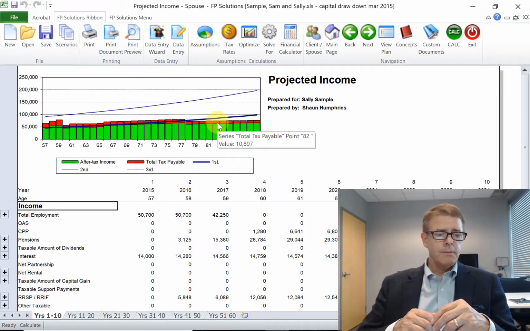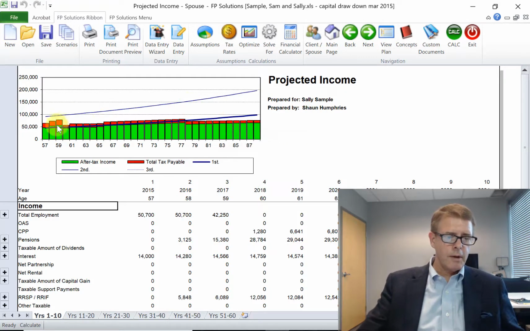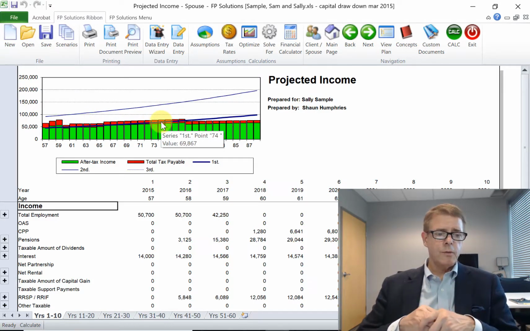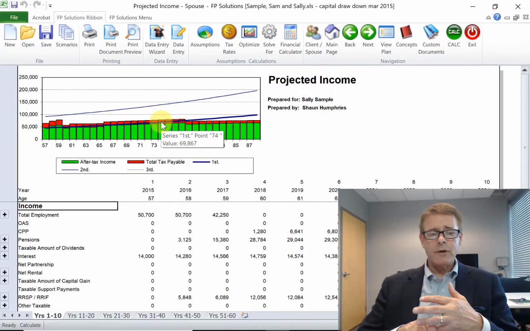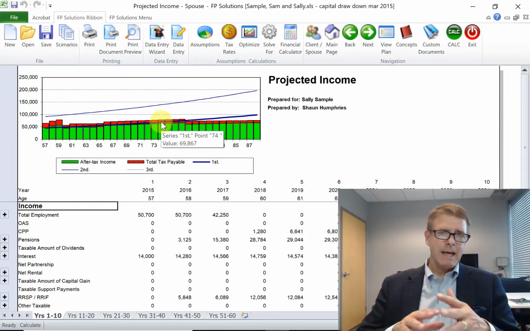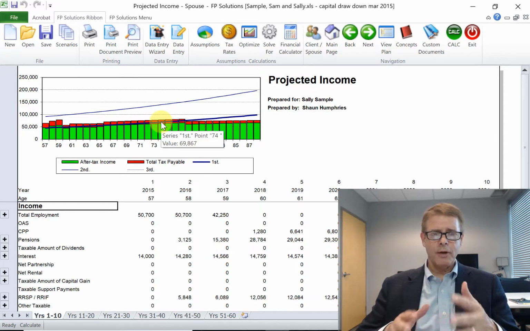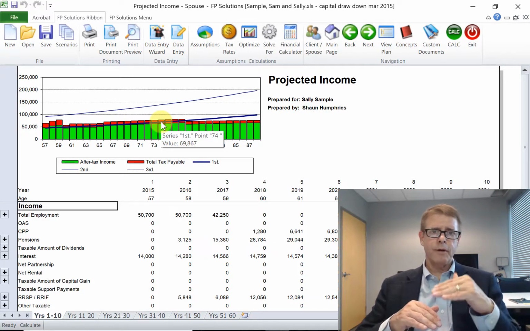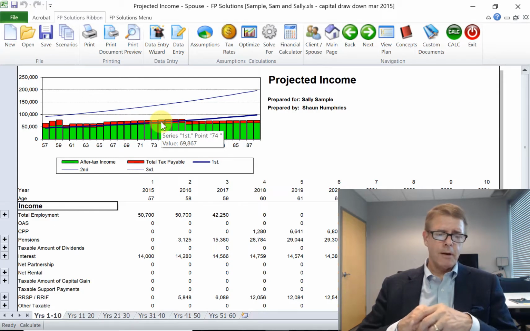So if they said to me, Sean, I don't like the fact that there's some income being pushed into the middle tax bracket, there are some tax strategies we might be able to initiate, but we might also say to them, listen, you're spending $85,000 a year. If we dropped it by $5,000 after tax each year, that will push all your income to the lowest tax bracket. Again, you don't save your money just to save taxes. I mean, it's there for lifestyle. So if you have to pay a little more incremental tax on some of the income, that may not be the worst thing that could happen.